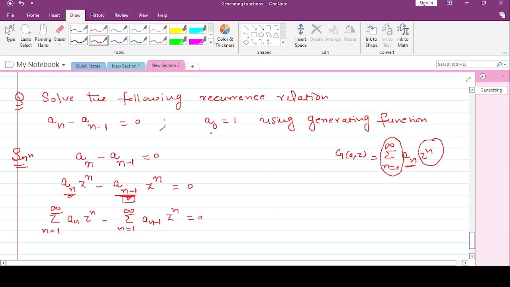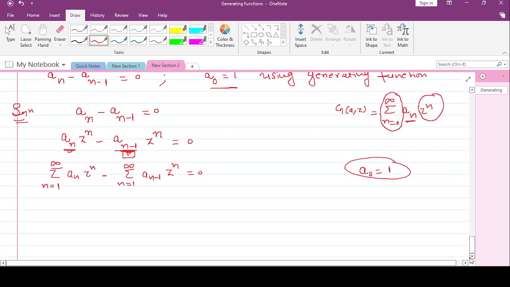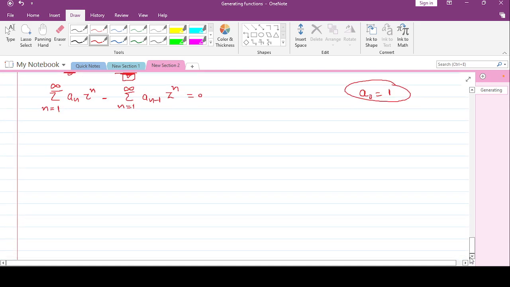Notice the condition here is n not equal to 1. After this, we substitute the values of n. If you substitute the values of n, it becomes a_1 z raised to the power 1, a_2 z raised to the power 2, and so on.